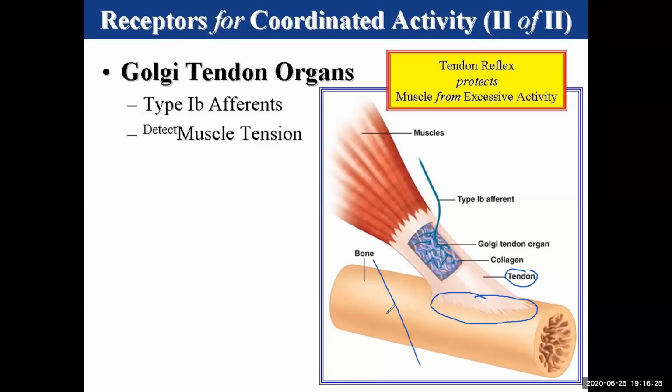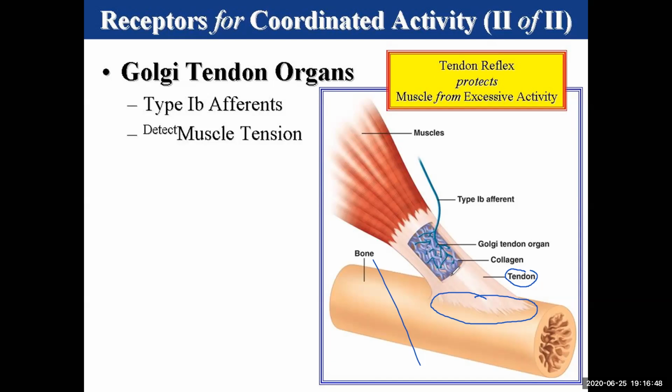So to prevent any tissue injury, whether a tendon tear or a bone fracture, this Golgi tendon organ will inhibit the reflex arc that, under normal circumstances, will contract in response to any excessive muscle stretch.